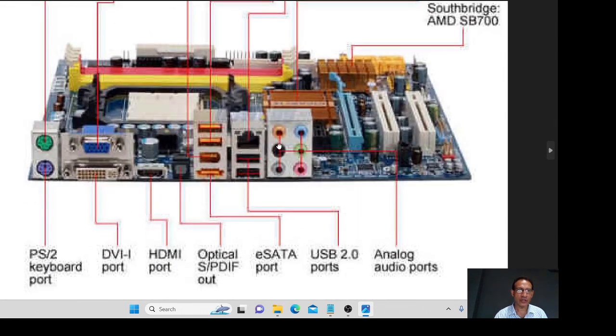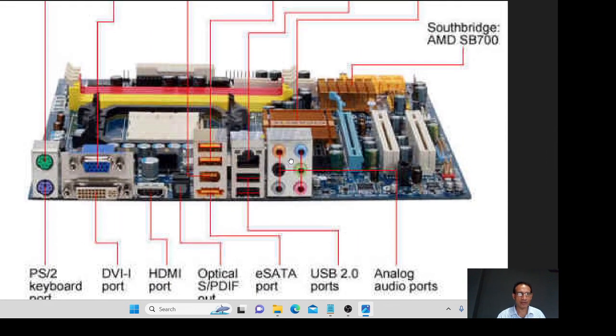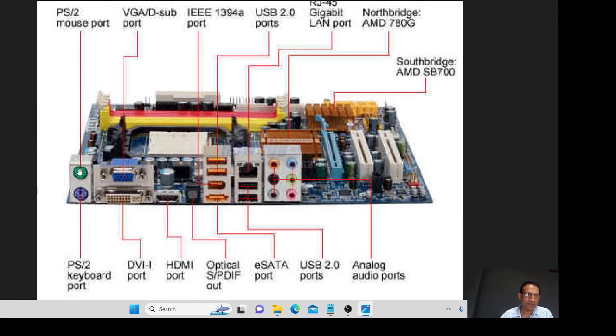Here the input and output are visible, properly from this view. Here PS2 mouse and PS2 keyboard: the green color is the mouse, the purple color is the PS2 keyboard. And here VGA, video graphics adapter, for connecting a monitor or other display, and there is another graphics adapter on this board which is a bit different, the DVI port.